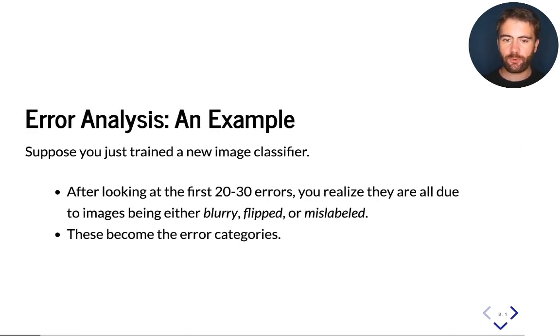Here is an example of what this could be. Suppose that you're training an image classifier. You first train it, you run it on your development set, and then you sample a random set of errors, and you look at the first 20 or 30, and you happen to realize in this example that the first 20 or 30 errors are all either due to images being blurry or flipped, or sometimes they're really mislabeled.